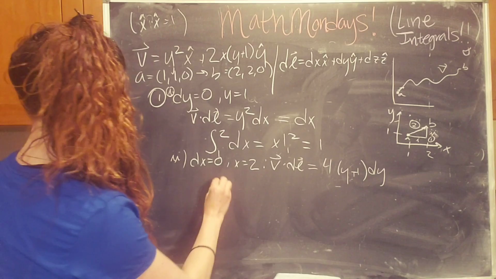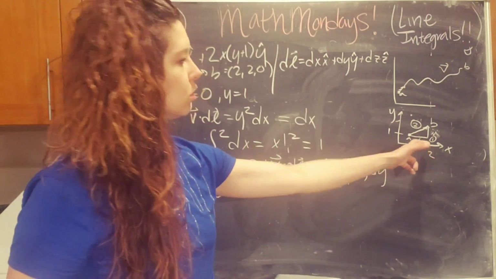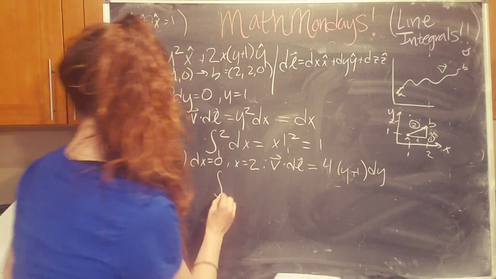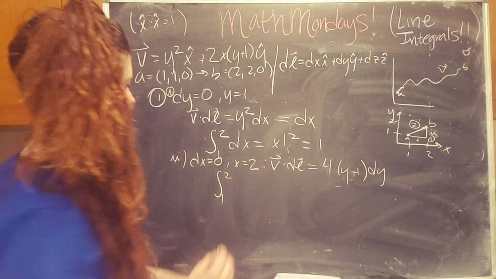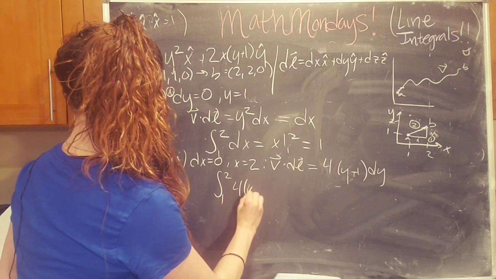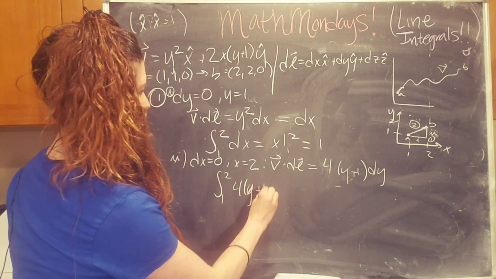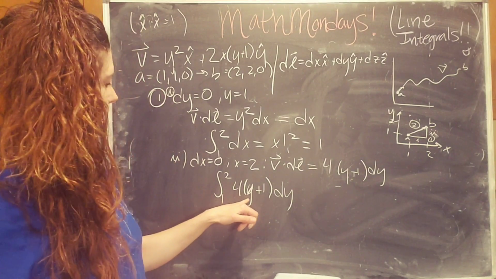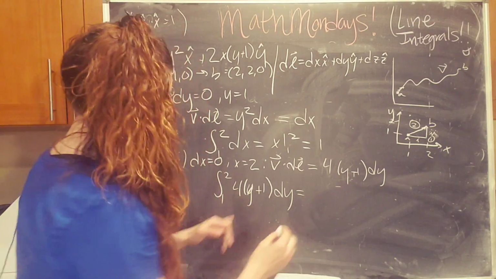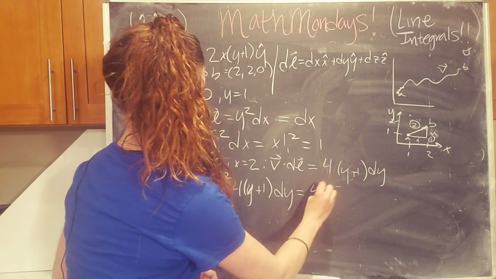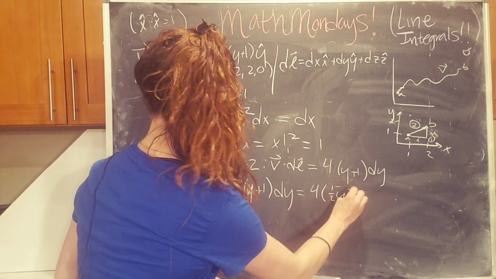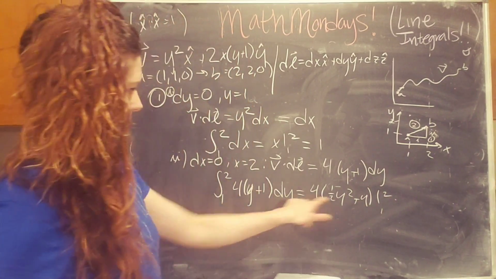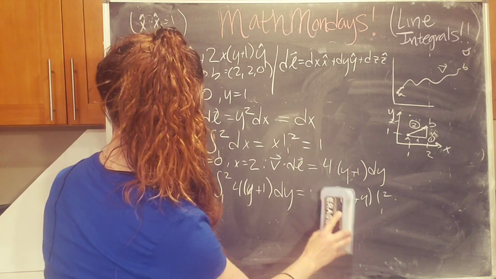Not so bad. Okay, then we plug it in to the integral in the y direction. We're going up now from 1 to 2. Forgot to label that. From 1 to 2 of 4 times, whoopsies, not x, my bad, 4 times y plus 1. I know, Marley is like, oh, you made a math error. 4 times y plus 1 dy is going to give me 4 times 1 half y squared plus y from 1 to 2. I can bring in the 4, simplify this a little bit.